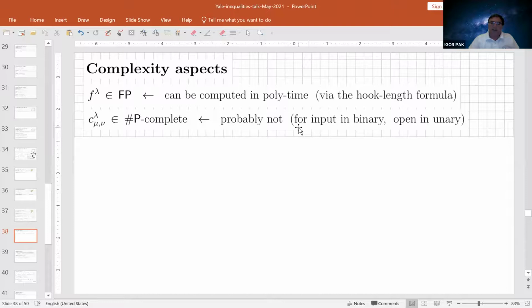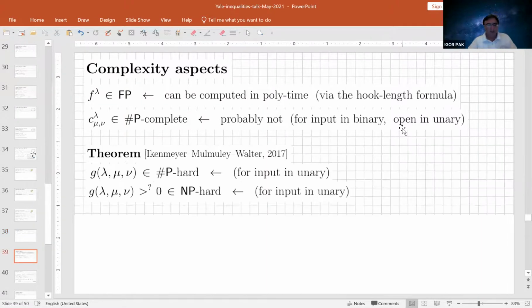This is for the input in binary, and it's open for unary, but it's probably going to be true also. Input in unary means it's actually going to be presumably exponential in n, not just in the number of bits in your part sizes.